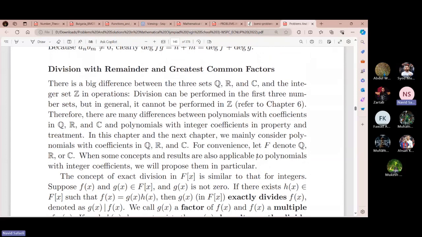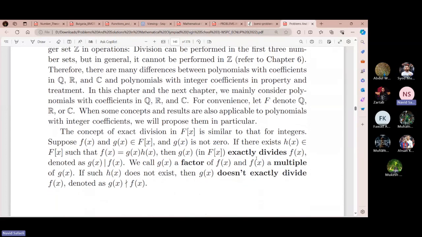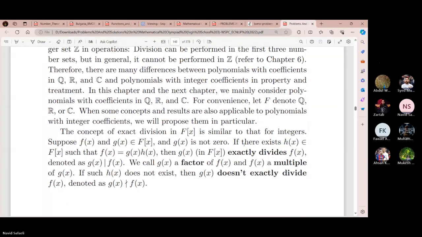We have an important thing about division of polynomials. We say that f is divisible by g if there is some h satisfying this.